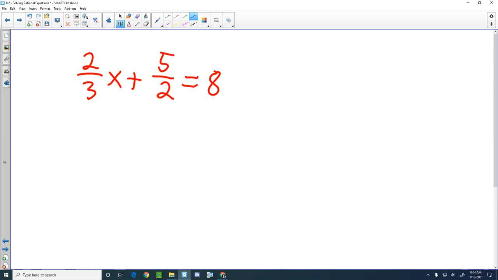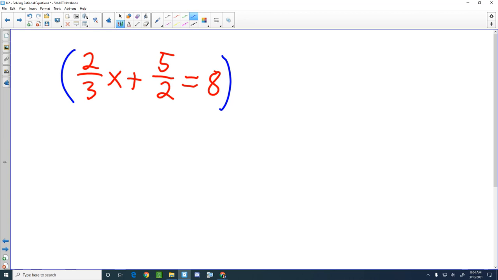Well, this is kind of cool also. I have multiple fractions, and we hate dealing with fractions, don't we? We never want to deal with those. They're just unnecessarily tricky. But if I multiply this entire equation by the LCM of the denominators, they'll all go away.